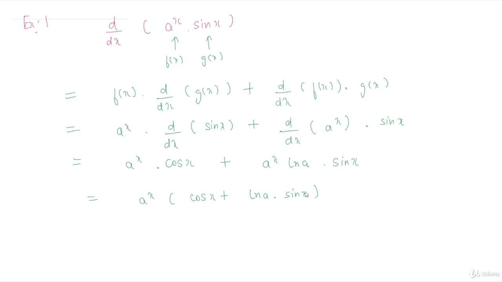Now let's take a look at another example where we will be using the identities and the algebra of derivatives. So let's say our second example is something like we need to find the derivative of ln x divided by tan x.